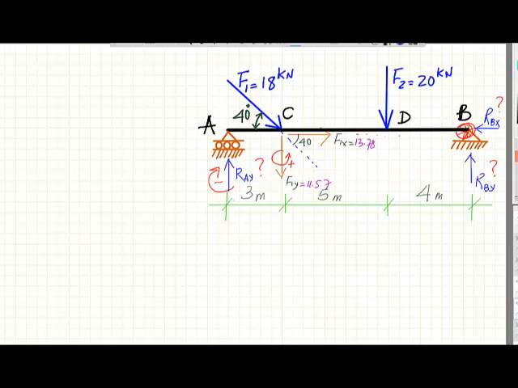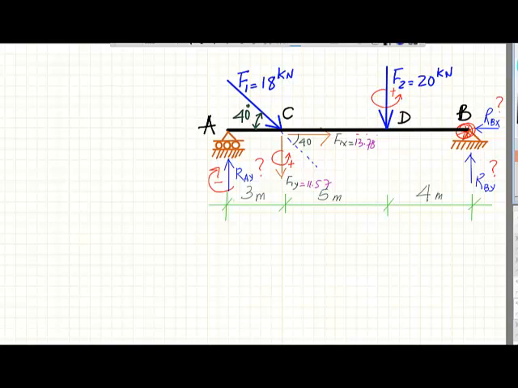That's why it causes no rotation. Then the force F2 will rotate counterclockwise, which is positive. And of course RBY and RBX do not cause any rotation because both of them pass through point B.